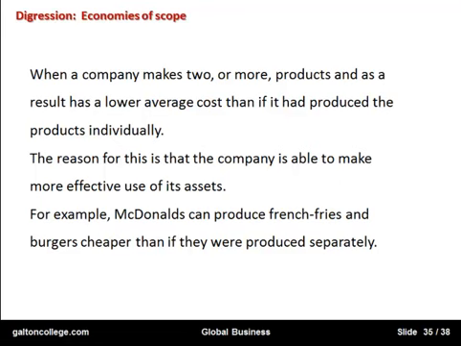For example, McDonald's can produce French fries and burgers cheaper than if they were produced separately. That's because McDonald's are able to share refrigeration costs and perhaps some equipment costs and so on. So it's economy of scope. They're different products, but by making the 2 products, average cost is less than if the company made a single product. That's what we mean by economies of scope.